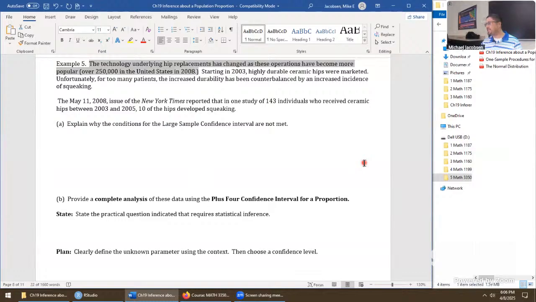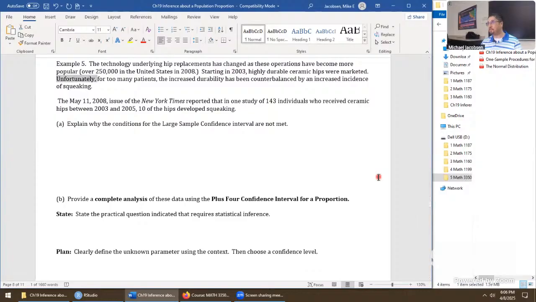In 2008, it's starting to look like really old data, there's over 250,000 hip replacements. But here's some new drama. In 2003, a new type of hip, highly durable ceramic hips, were being marketed for the total hip replacement. So they're highly durable, probably cheaper as well to run this as a procedure. But there are also other side effects.